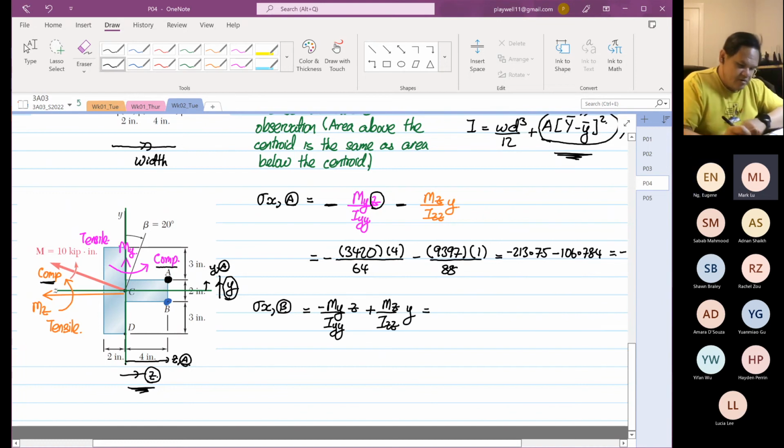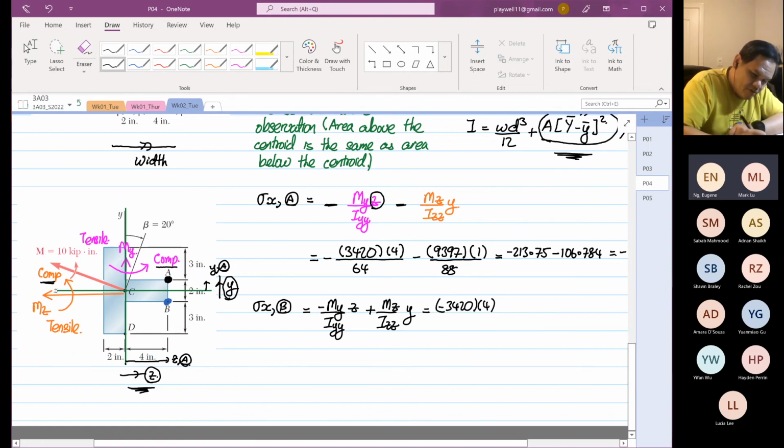The only thing that changed is the sign. So if I write it down again, it's minus 3420 multiplied by 4, divided by 64, plus 9397 multiplied by 1, divided by 88.